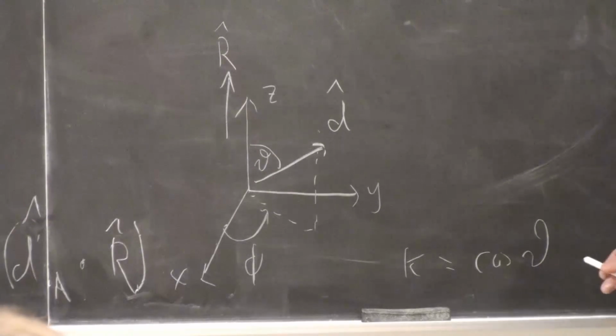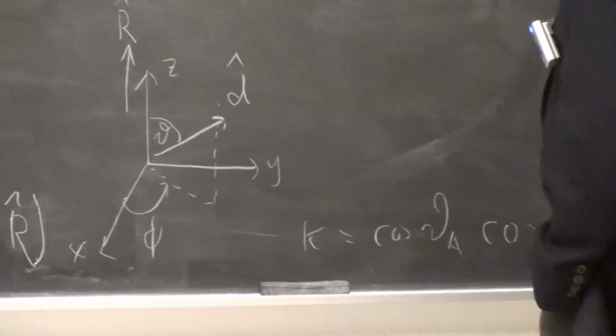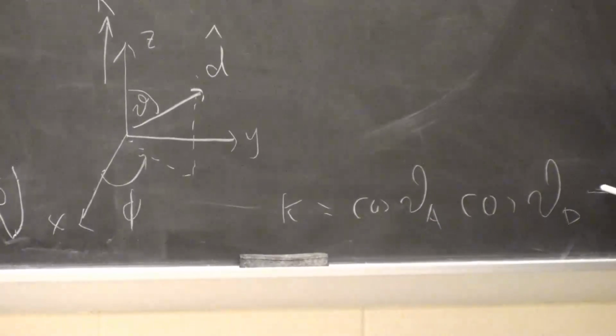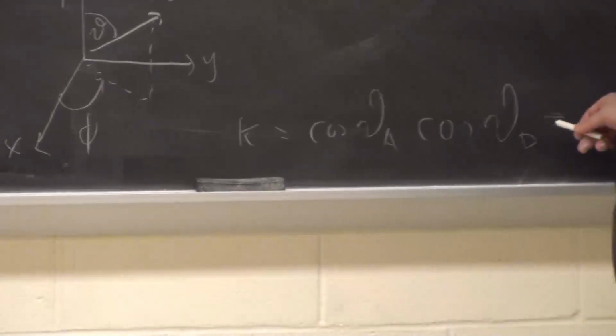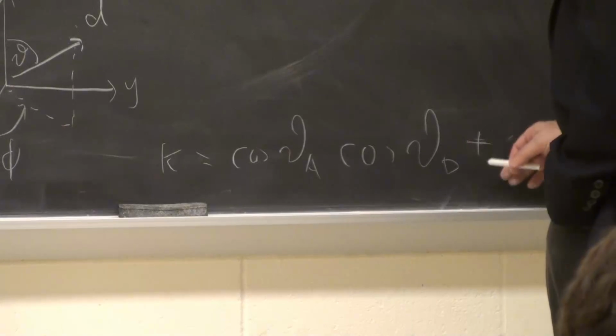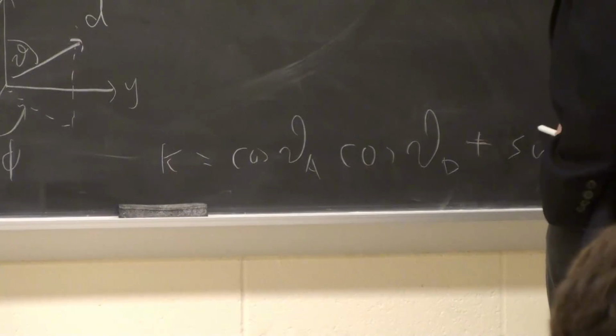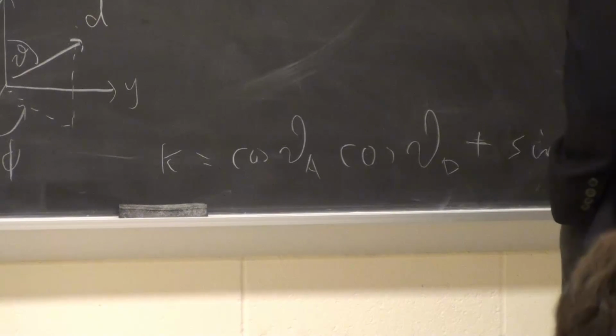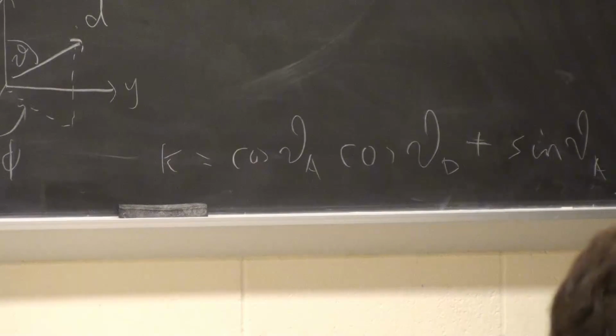And so then I get cosine theta A times cosine theta D minus, plus or minus, I think it's plus, sine theta A sine theta D. Yeah, it depends now on what I define first and second.